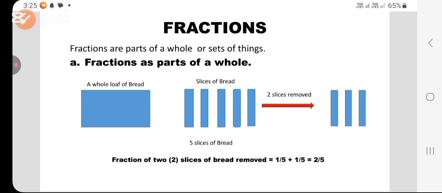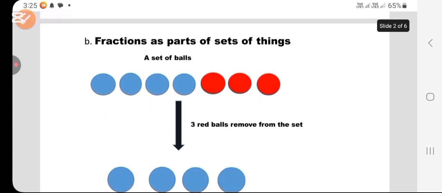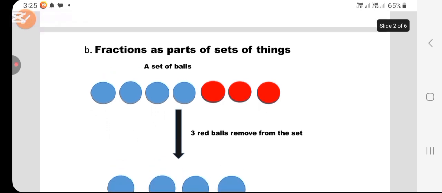Let's look at fractions as a set of things. I'm going to be using a set of balls to illustrate this. That set of balls is made up of 7 balls. We have 4 light blue balls and 3 red balls.